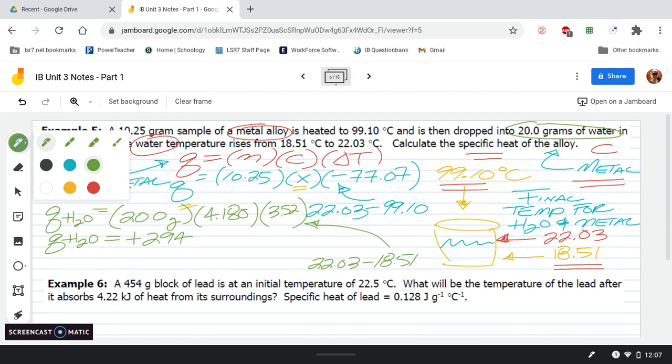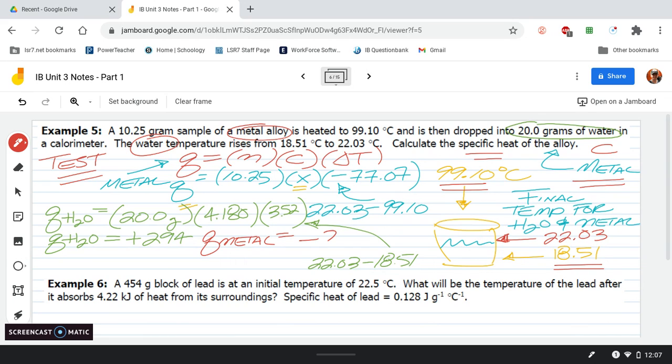So what we do is we say, okay, the Q of the metal then is going to equal negative 294. It's giving off heat, heating up the water. The water got warmer. It is heating up. And so we need to logically say, okay, I understand that the Q should be negative.